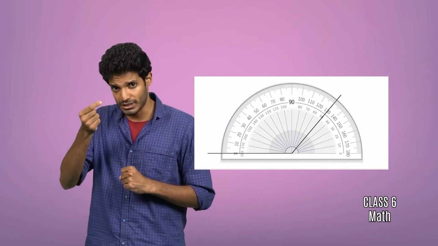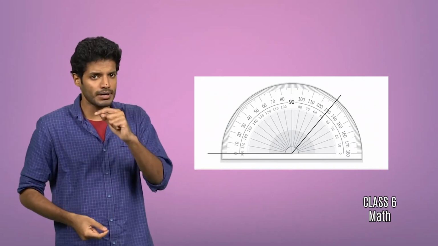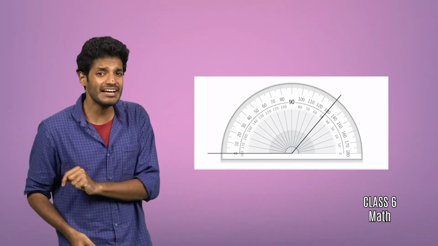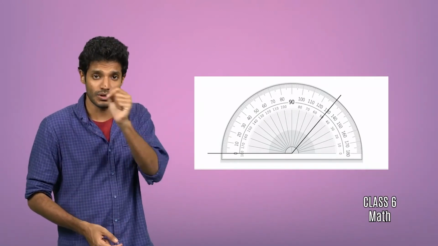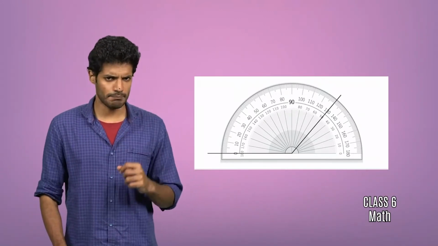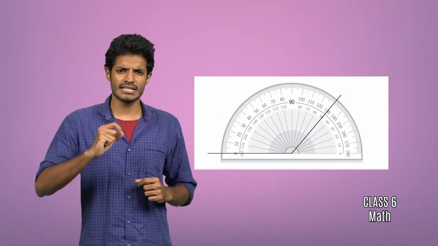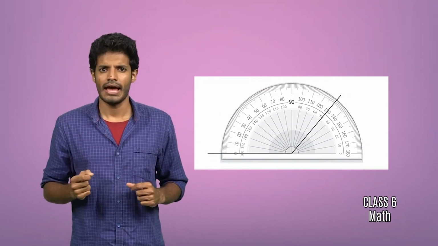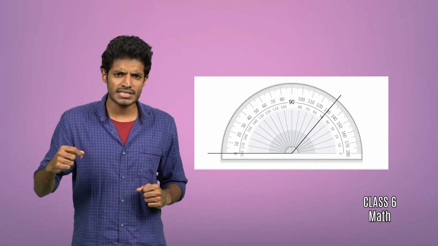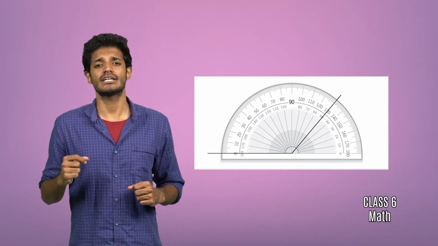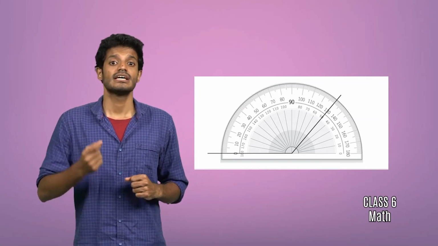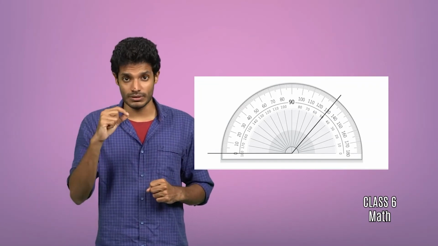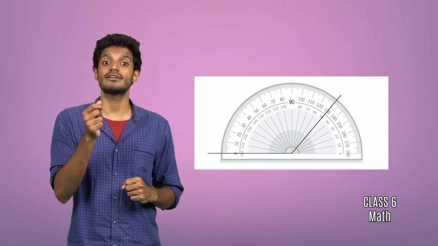The number it points at gives the angle between the two lines. For example, if one line is aligned to the bottom, that is the 0 degree line, and the other line points at the number 130, then it means the angle between the two lines is 130 degrees.